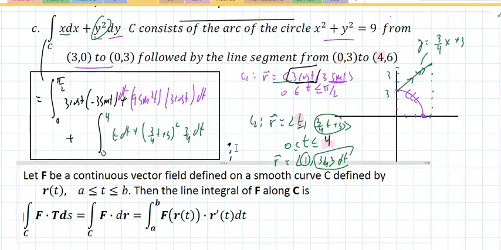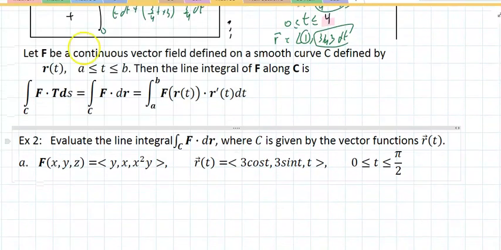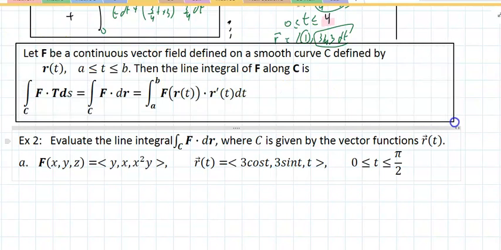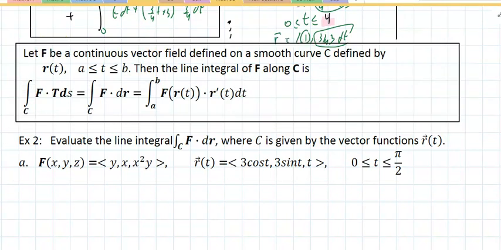Now, when I have a vector field, we're getting to more theoretical parts. If I look at a vector field, let F be a continuous vector field on a smooth curve C defined with r of t, where t varies between a and b, then the line integral of F along C is really the vector field times the tangent, ds.